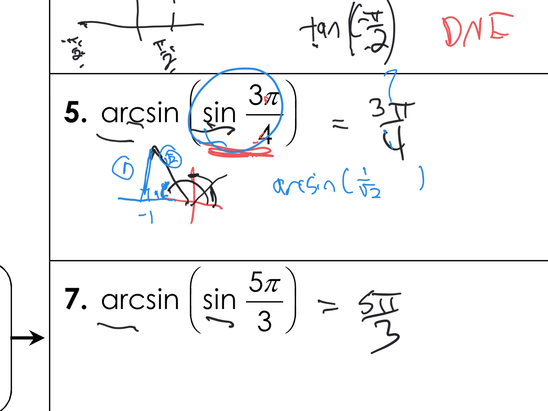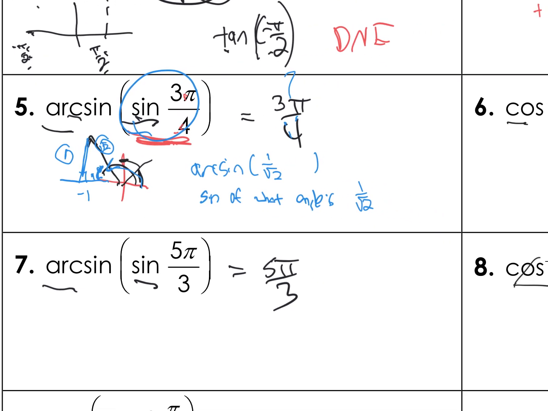This interprets as: the sine of what angle is 1 over the square root of 2? Sure seems like I could say it's this big angle here. It seemed to work. But theoretically, it is working. The only problem is, this was a trick question.